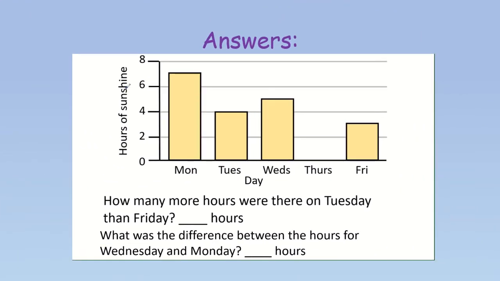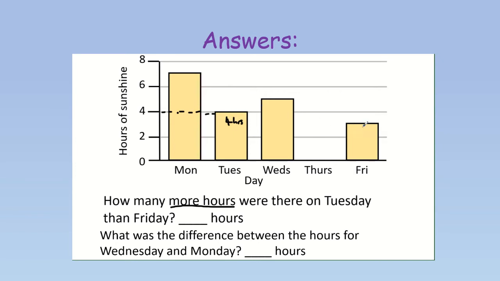So, how many more hours were there on Tuesday than Friday? If we look at Tuesday and follow it across, we can see that on Tuesday there were 4 hours of sunshine.